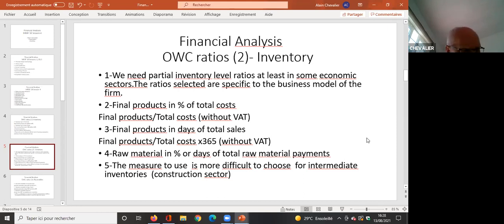That means if you want to explain something on the balance sheet structure, and particularly on the asset structure, you need to explain what's happened inside these 50%. And when you have a look, the largest part of the 50% is generally made of intermediate inventories.